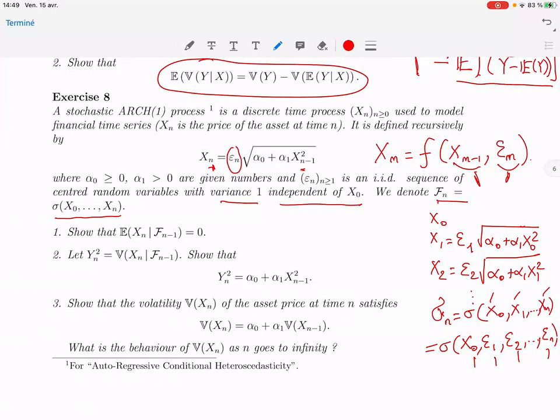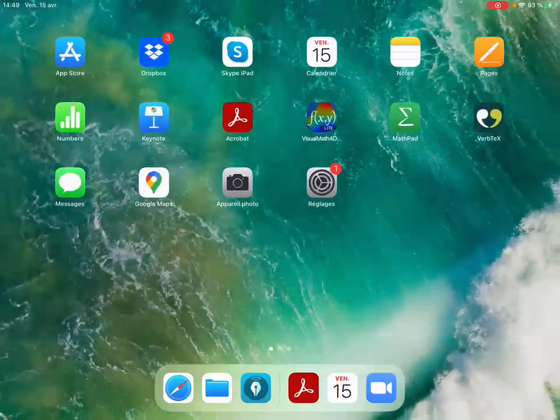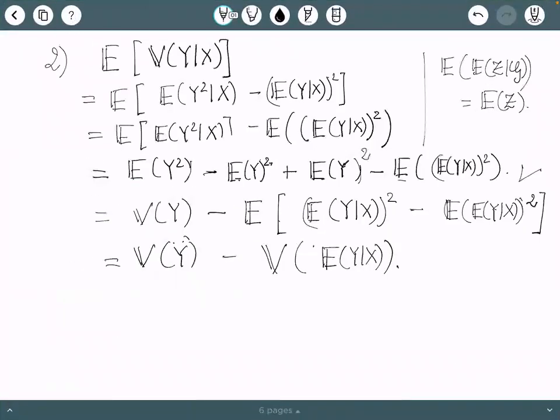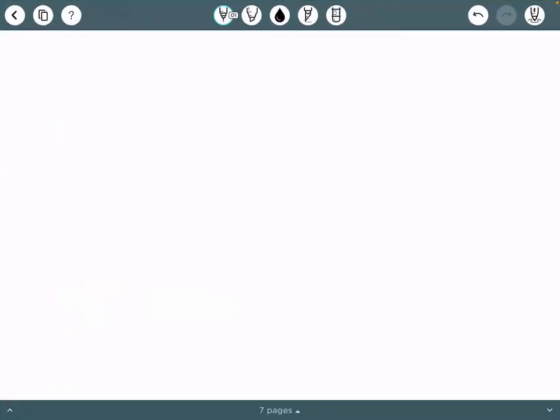Okay, so let us show that. First question is to show that the conditional expectation of xn given Fn minus 1 is equal to 0. So I rewrite just the definition.